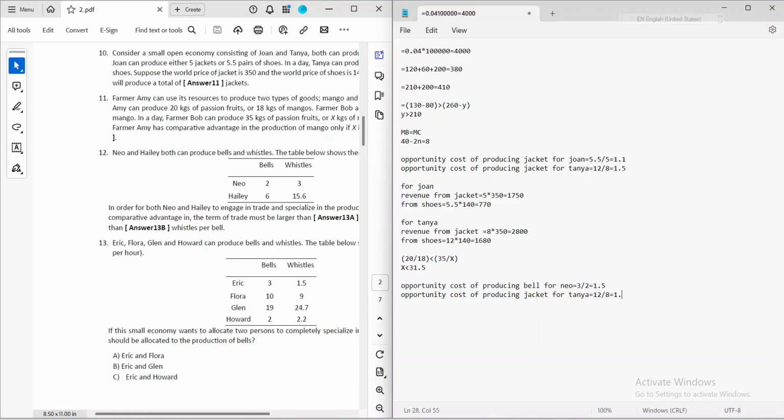And now opportunity cost of producing bale for Haley is 15.6 divided by 6, which is 2.6. So this is the terms of trade. Should be higher than 1.5 and lower than 2.6. Okay, so this is the answer.